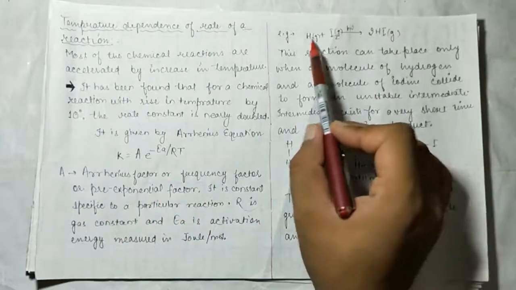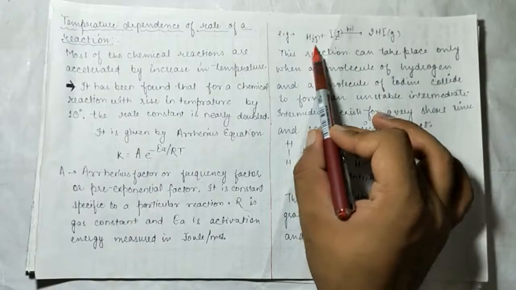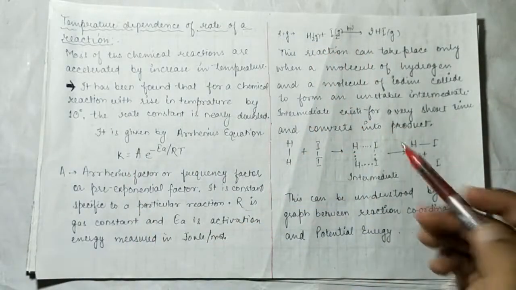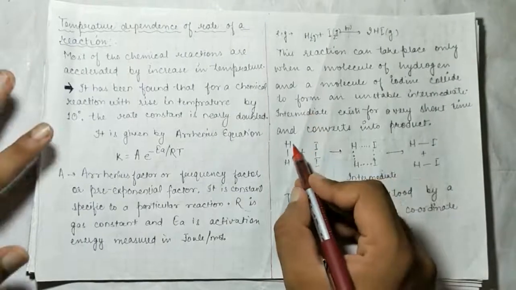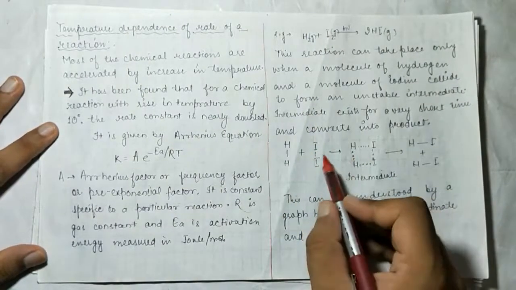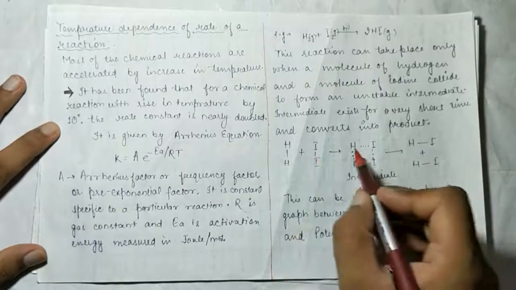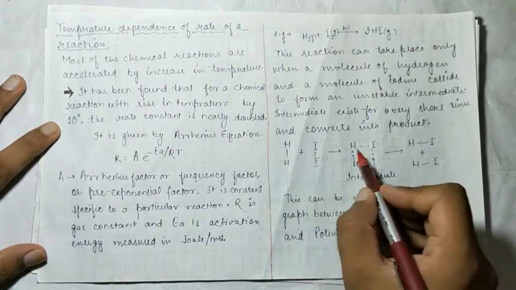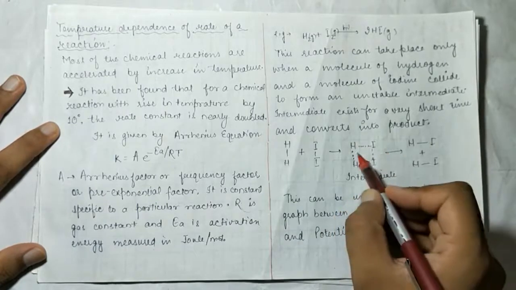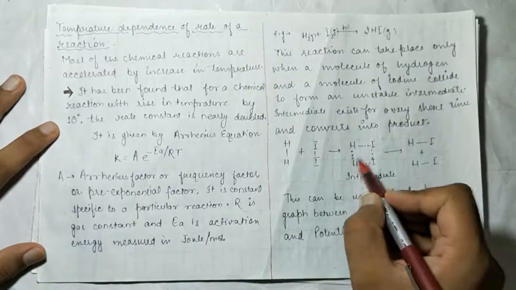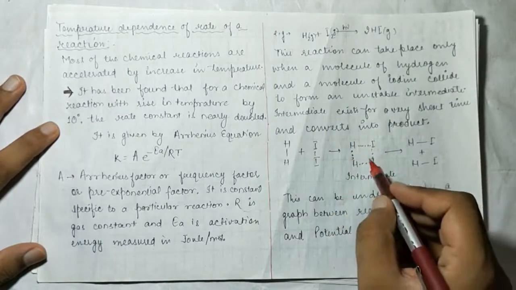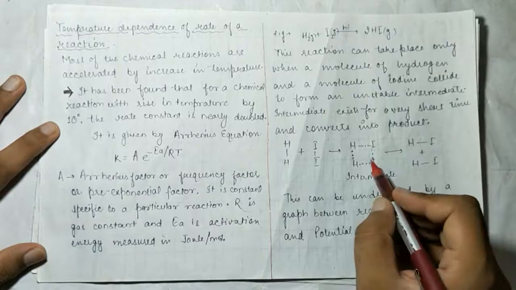Then after, consider this reaction, H2 plus I2 giving 2HI. Okay, in this reaction, how does the reaction occur? First of all, hydrogen and iodine molecules approach towards each other, and formation of a bond between hydrogen and iodine starts, and dissociation of the H-H and I-I bonds takes place, and this complex or intermediate compound is formed.